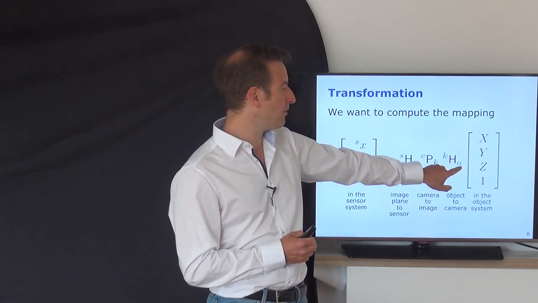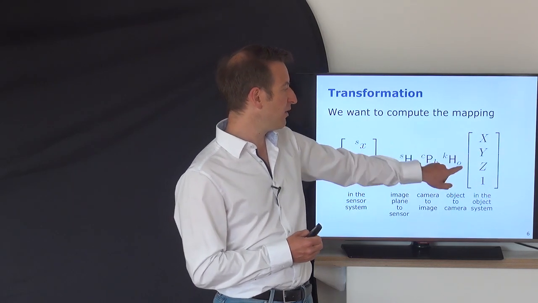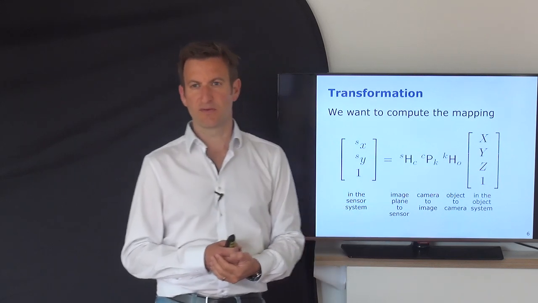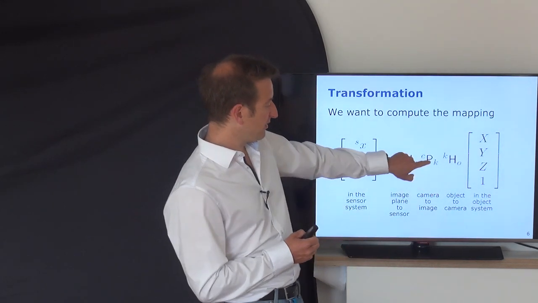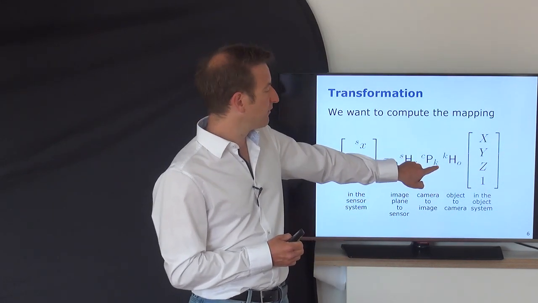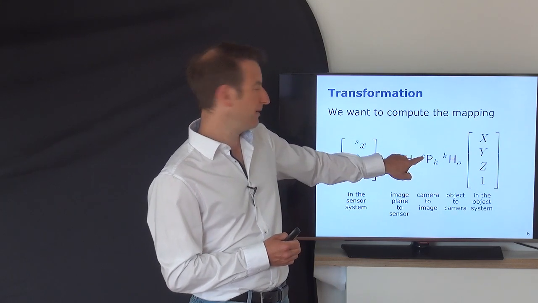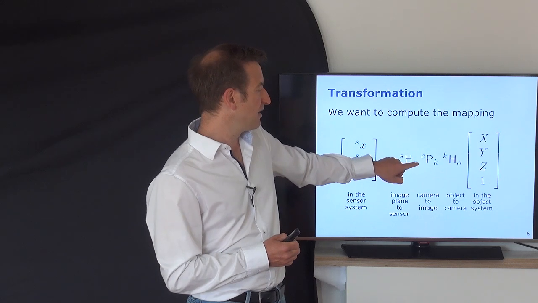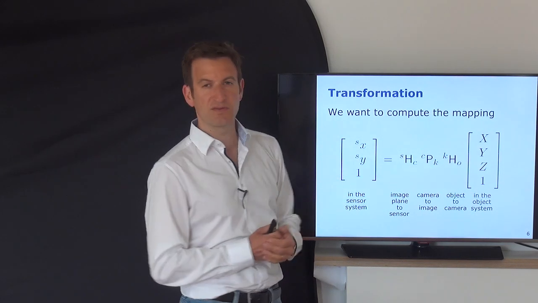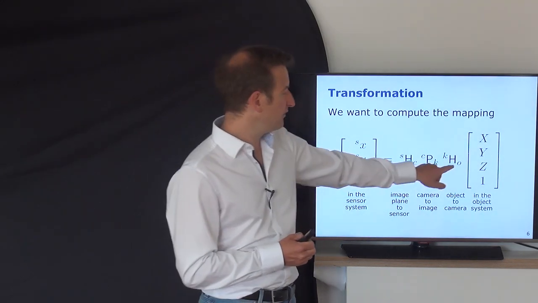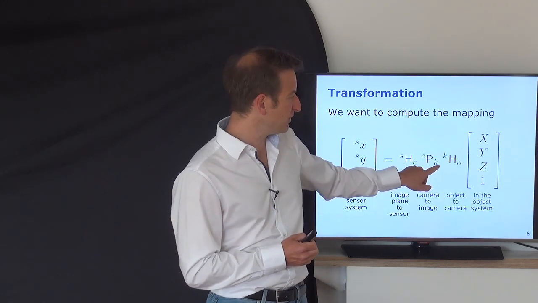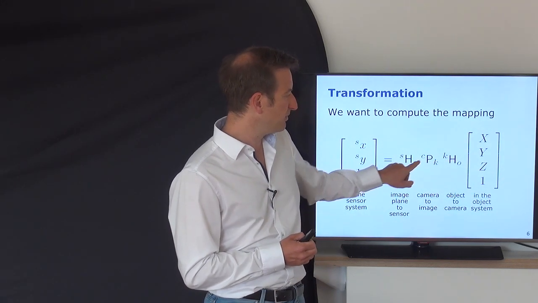So it's a mapping from O to K, from the object coordinate system to the camera coordinate system. The next thing is a projection from the camera coordinate system to the image plane. And then we have a transformation from the image plane onto the sensor chip. And you can see if you chain those transformations, those characters must be the same.